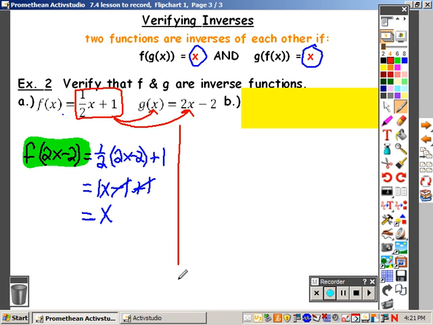So, I'll put a line right here so you can see. What am I going to write? Make it look just like this equation. Instead of f of, I'm going to write g of. This equation in the red box is going in for x. So g of 1/2 x plus 1 equals 2. Whenever I plug something in, now I'm plugging in for this x up here, 1/2 x plus 1. I have to put parentheses around it and then bring down the minus 2.